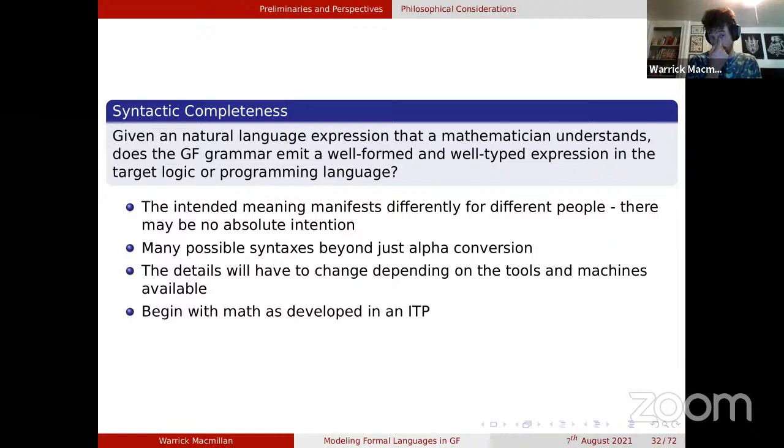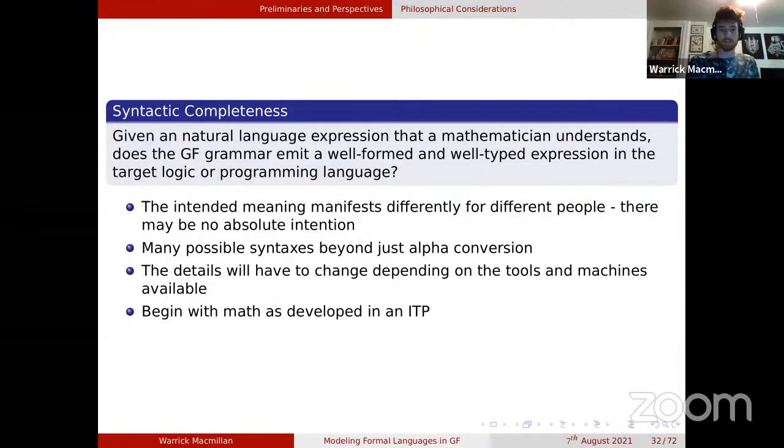The details will have to change depending on the tools and machines available. As we get better machines, maybe we'll have different notions of syntax, or, like Coq has tactics, that means in some sense we're obscuring the syntactic object for a different syntactic object in a meta language.